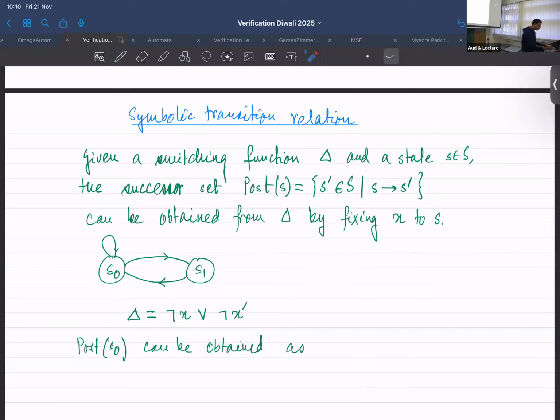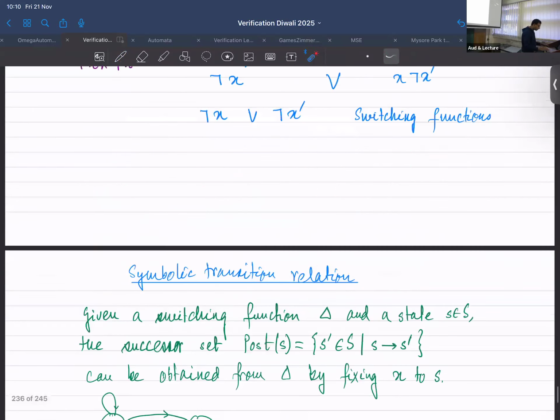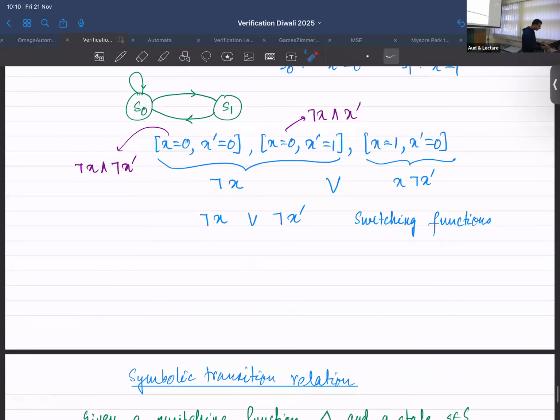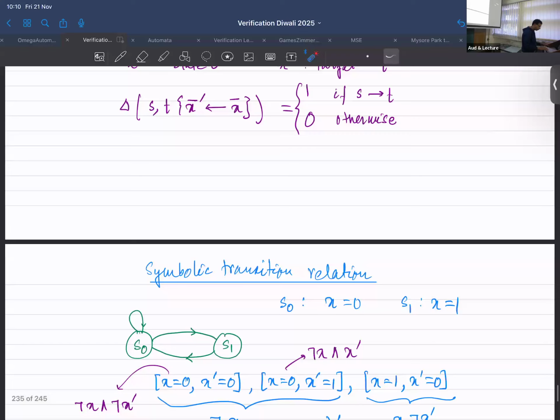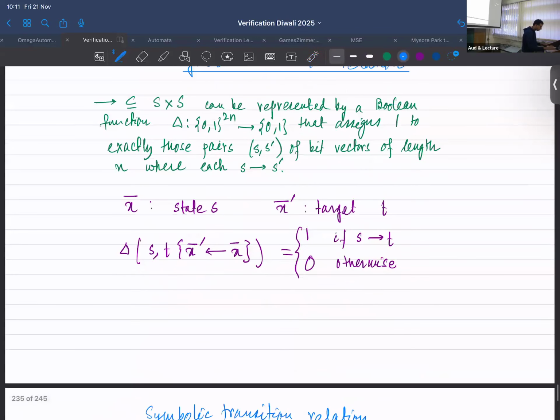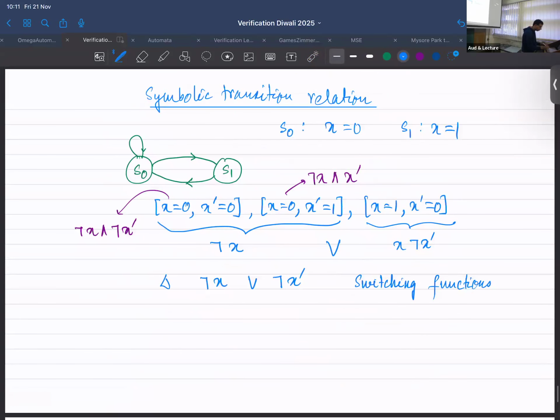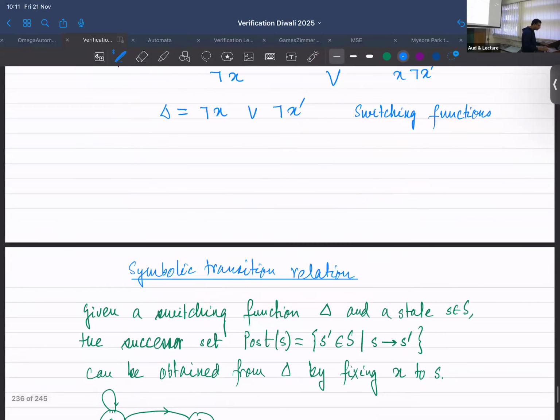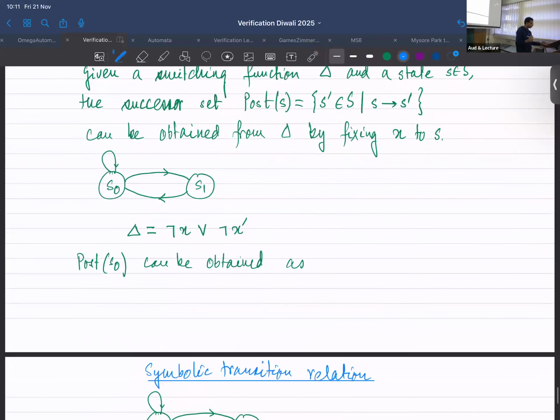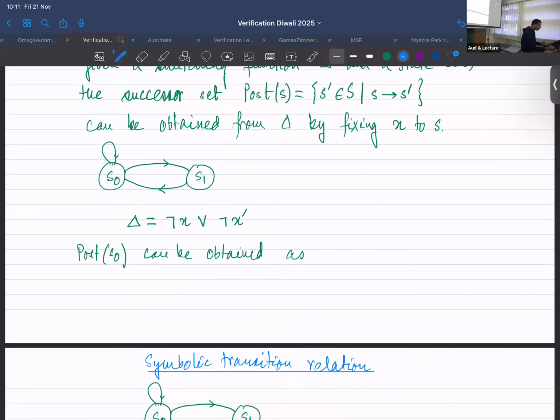So the successor set, post of S, is the set of S prime such that from S you can go to some S prime, and it can be obtained from this delta, right? So my delta is essentially like this here.